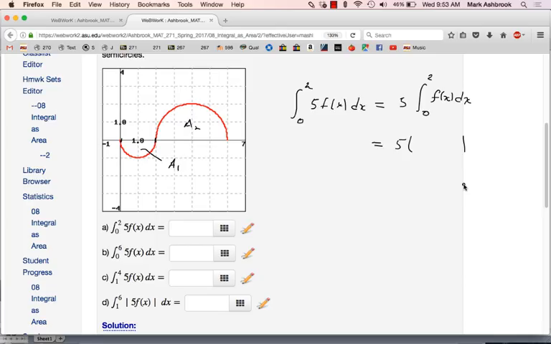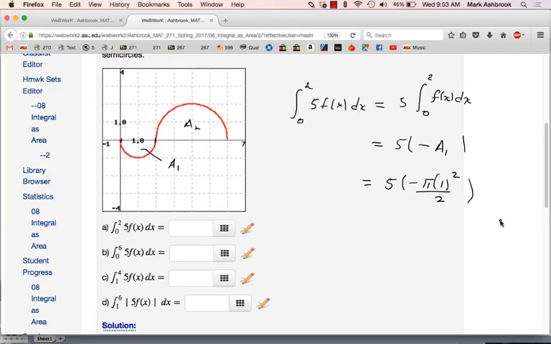Negative, right? The function's always negative there, so the integral from 0 to 2 is going to give you the opposite of area 1. It's going to be a negative value. Knowing that these are semicircles, we can just use the geometry formula. What is A1? It's going to be pi r squared. Negative pi, the radius is 1, but it's only half a circle.